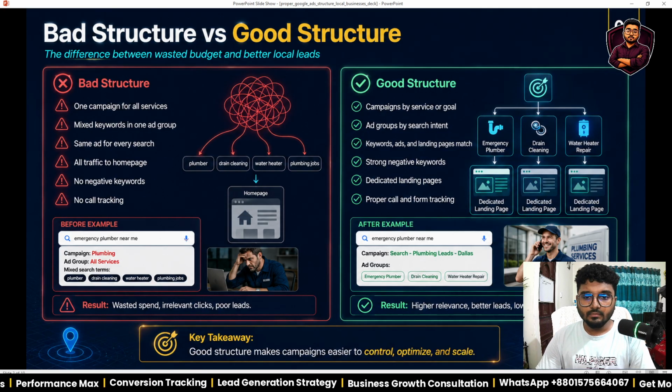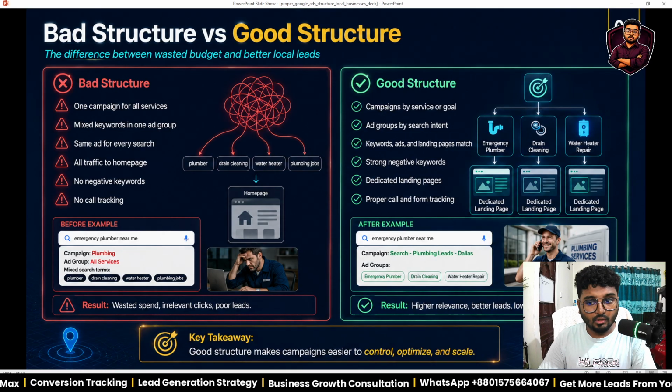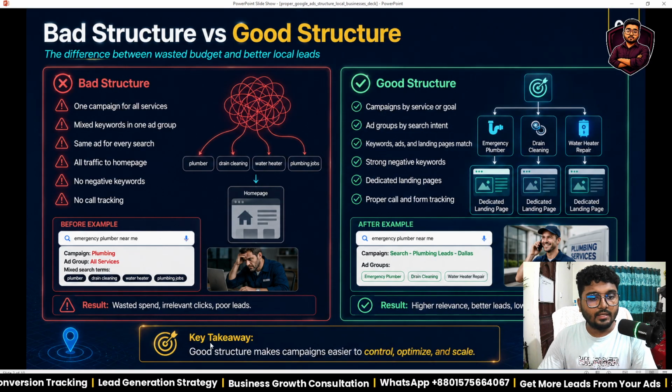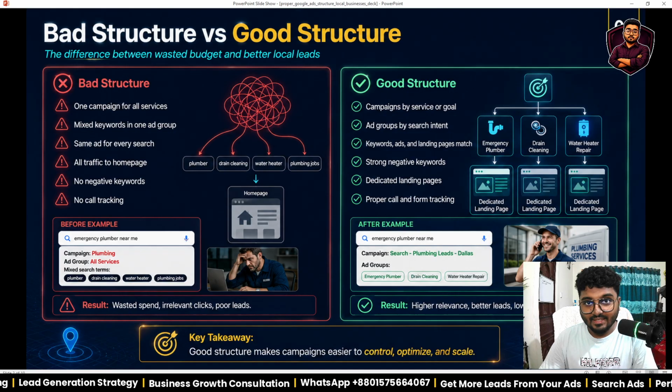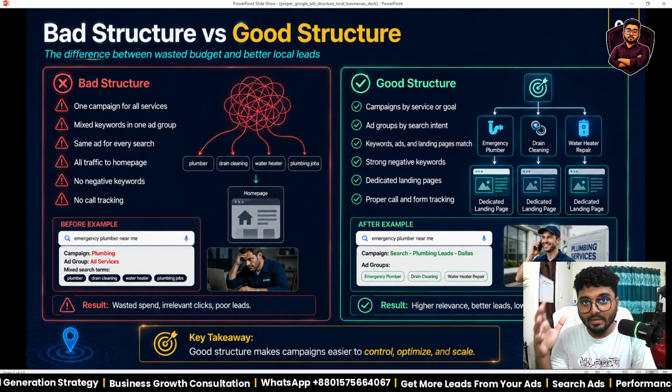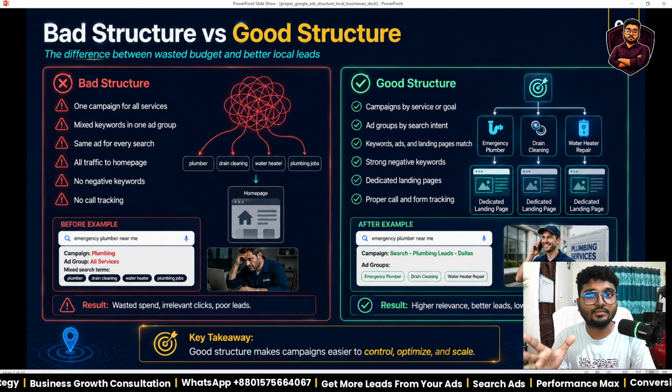So the result is higher relevance, better leads, lower cost per lead. Good structure makes a campaign easier to control, optimize and scale, and bad structure makes your brain even more painful.